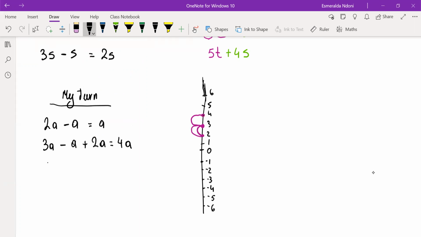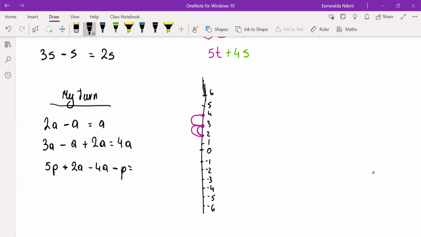So if I have 5 pears, and I'm going to write that with a P, and I get 2 apples, and then I take away 4 apples, and then I take away 1 pear. What will I be left with on this one now?